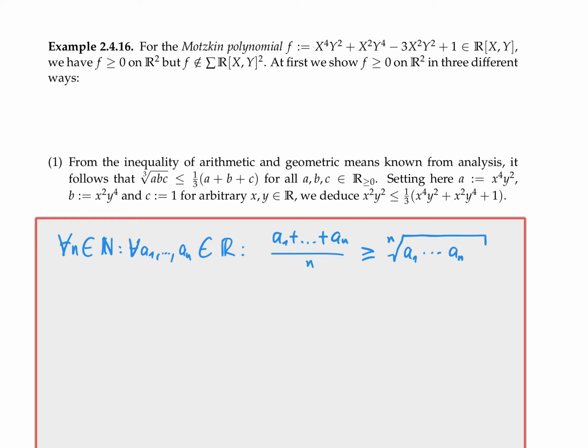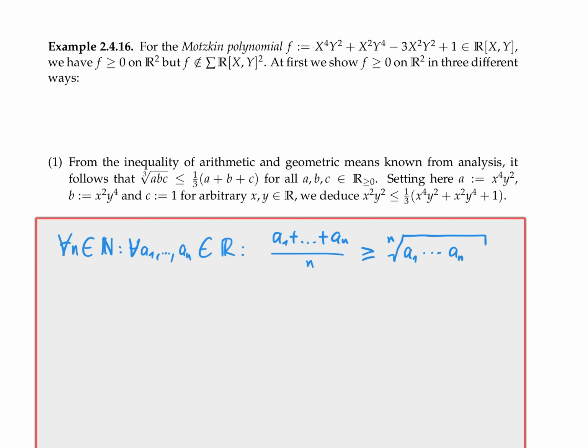It's not so hard to prove using analysis, and there are many different proofs, so I don't prove it here. I assume that you know it, or otherwise just accept it. You don't even have to accept it, because I will show in three different ways that f is non-negative on R^2, and I won't use this anywhere else.